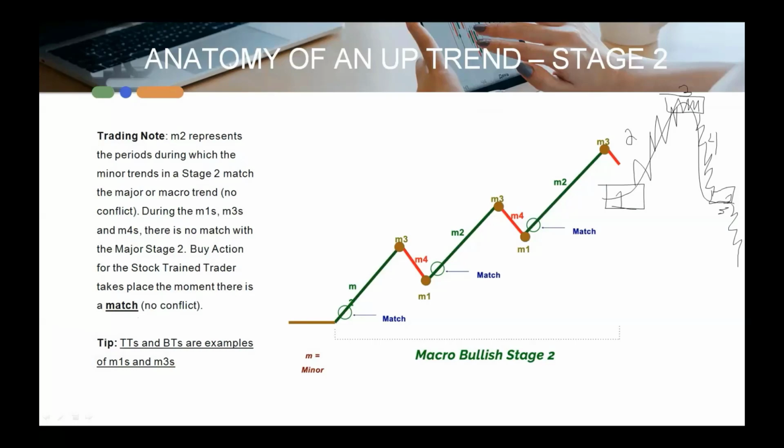Now, this is giving us also the micro stages. So we have micro stage 1, basing, bottoming, kicks off into a stage 2, uptrend, m2, small m, m3, topping period, m4. Now this is not a downtrend. This is just going to be what's called the correction segment.